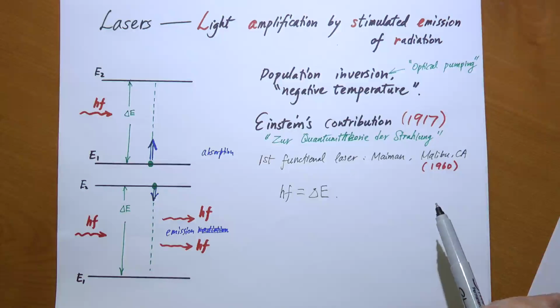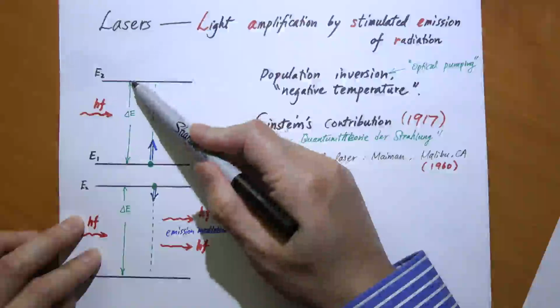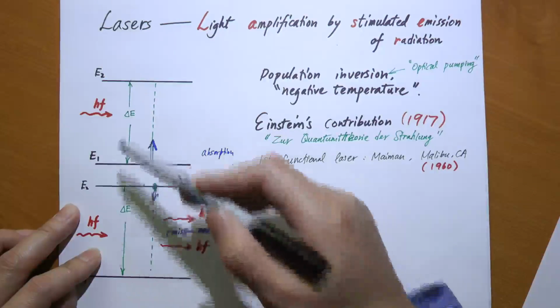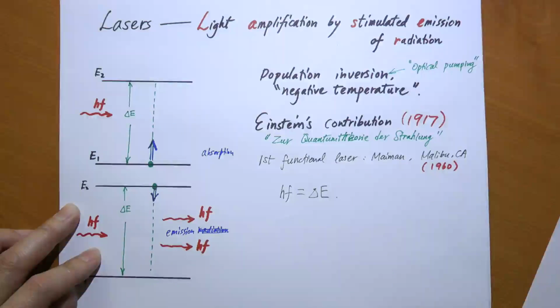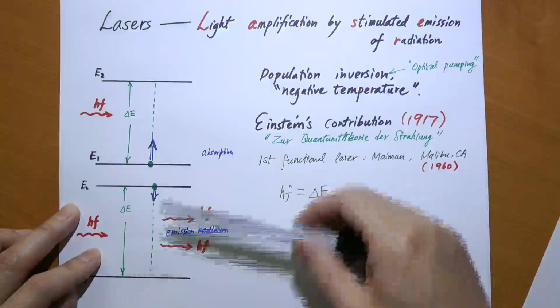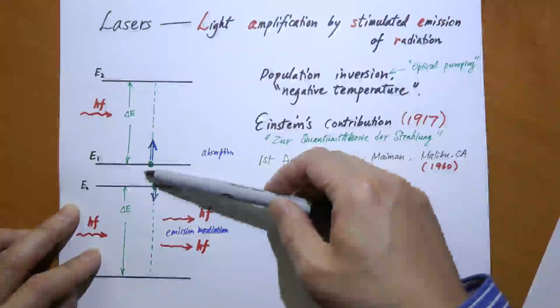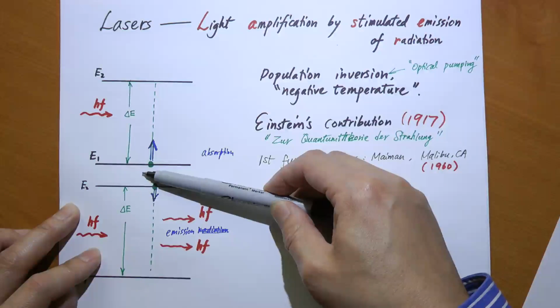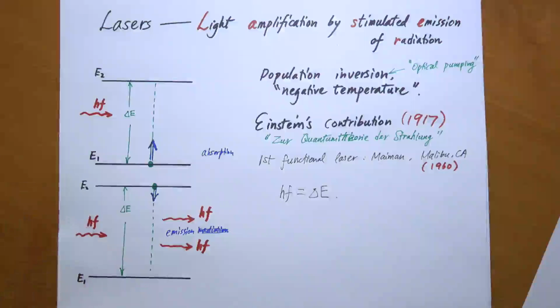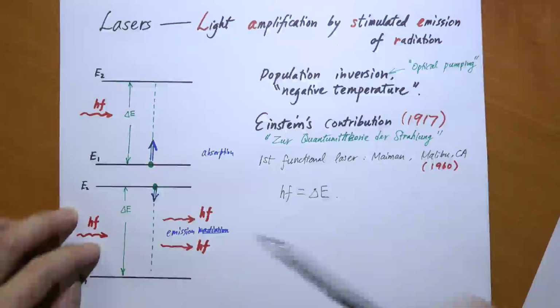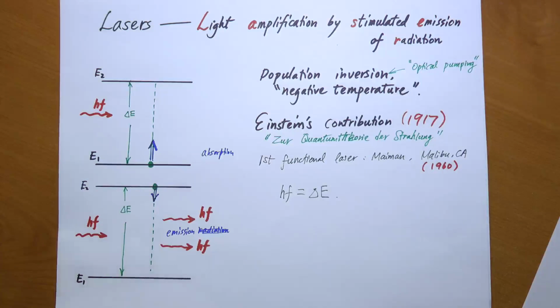He showed that an electron upstairs and an electron downstairs, upon seeing that photon, have the same probability of either jumping down if you're already up there, or going up if you're down there. These are characterized in the so-called Einstein coefficients. The coefficient for this one to jump up, the coefficient for this one to jump down, are equal to each other, according to the Einstein paper.